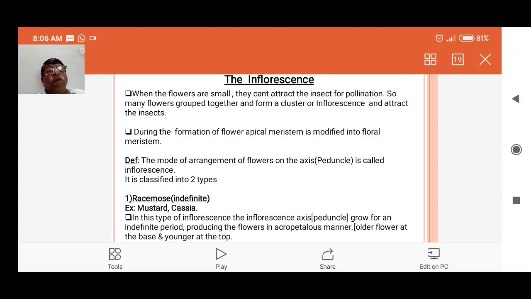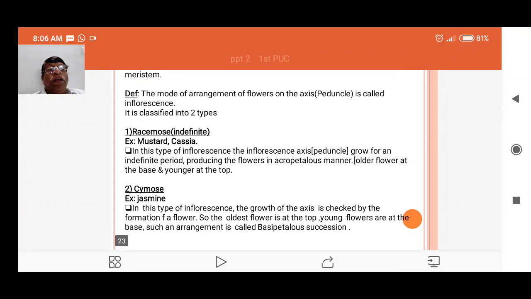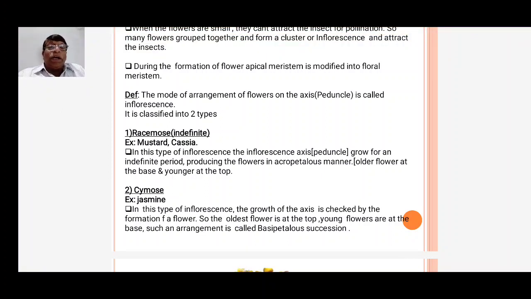Next, we shall see the cymose inflorescence. Example I told you, jasmine or clerodendron. See the diagram. Very important. Cymose is also called definite type of inflorescence.